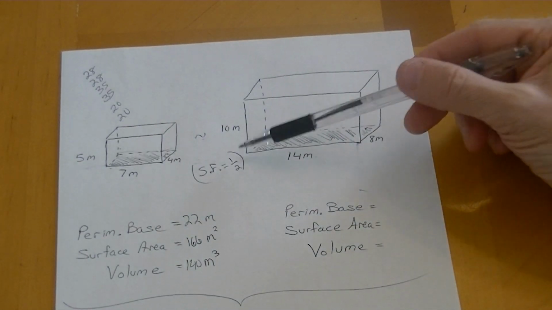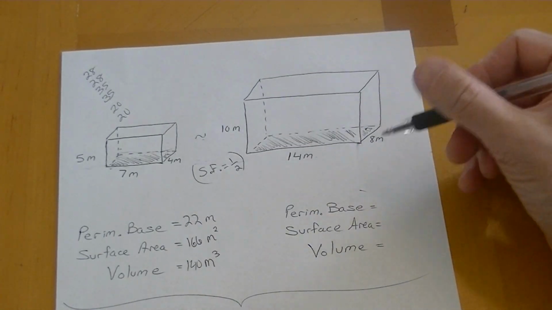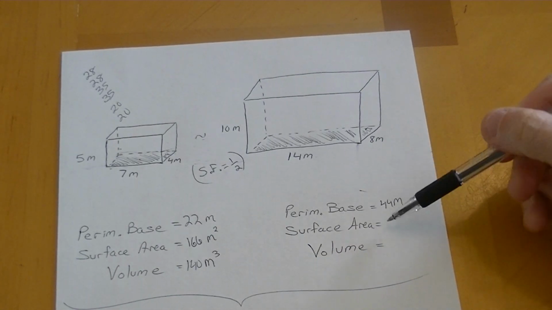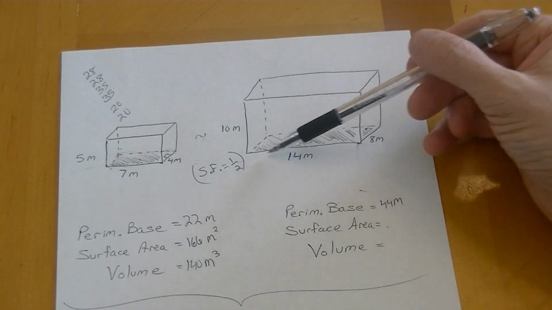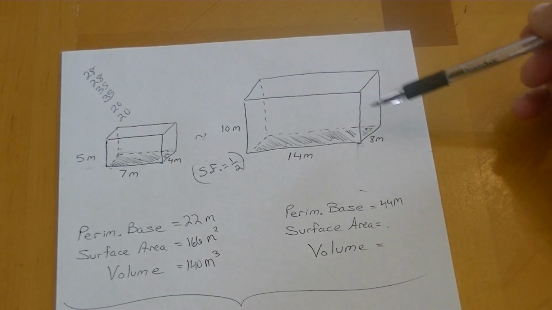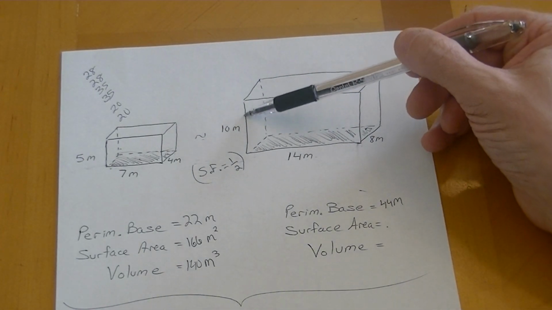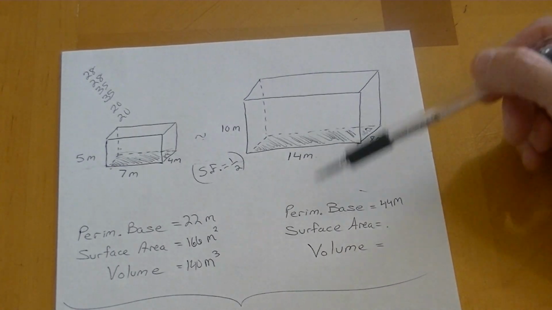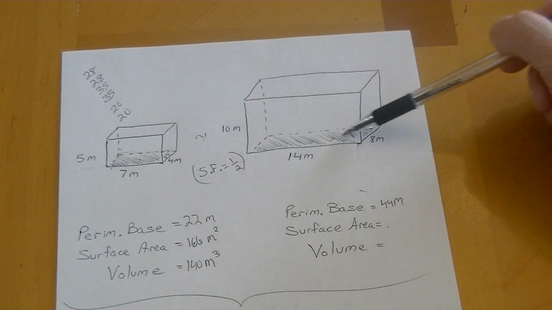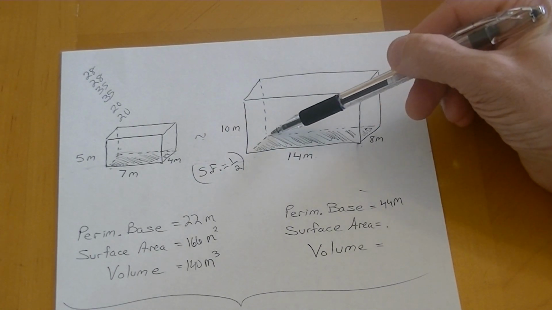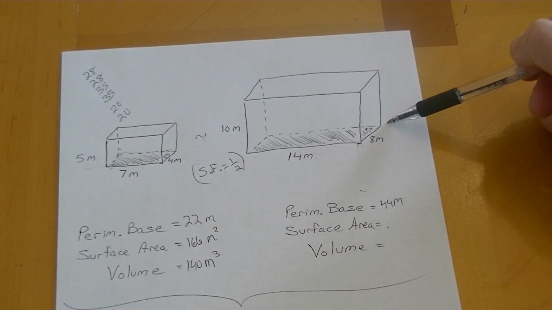The big one, perimeter of the base, 14 plus 8 plus 14 plus 8, 44 meters. Surface area, so the bottom rectangle, 14 times 8, plus the top rectangle, 14 times 8, plus the front rectangle, which is 10 times 14, plus the back rectangle, 10 times 14. The surface on the left is 10 by 8, and the surface on the right is 10 times 8.